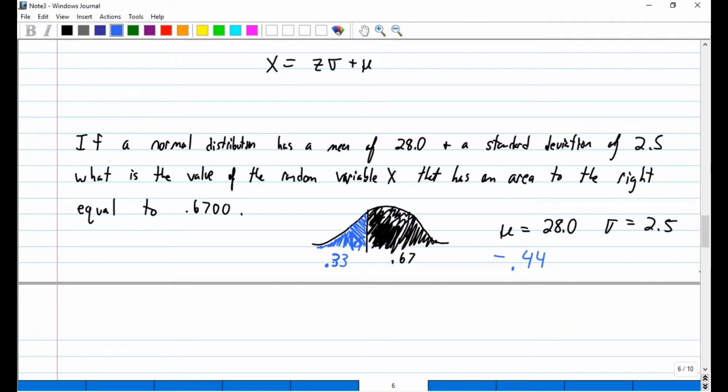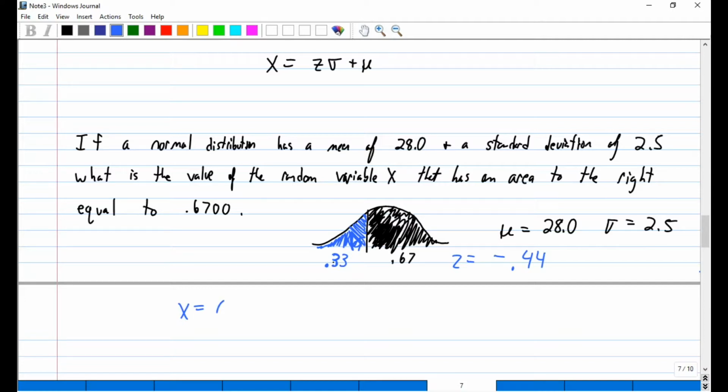All right. So that's still not my answer, though. I'm looking for the x value that has a z-score of negative 0.44. So I'm going to plug it into this formula here.